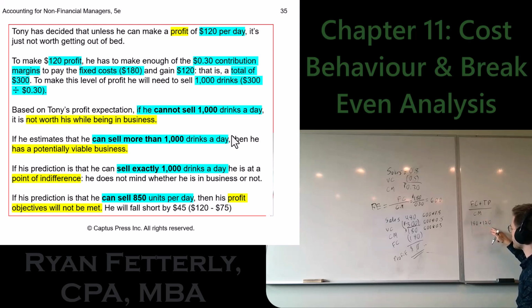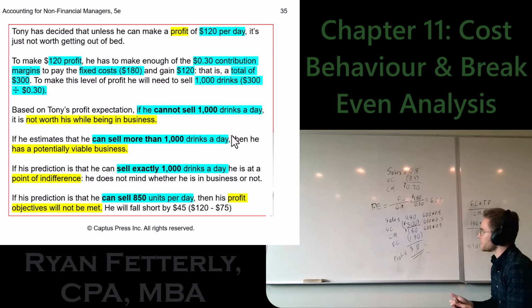So they add them together. This gets them that total of $300, and then they divide that by 30 cents. What they end up getting in this case was, I believe, 1,000 units, by going 300 divided by 30 cents per unit. So this equals 1,000 units.